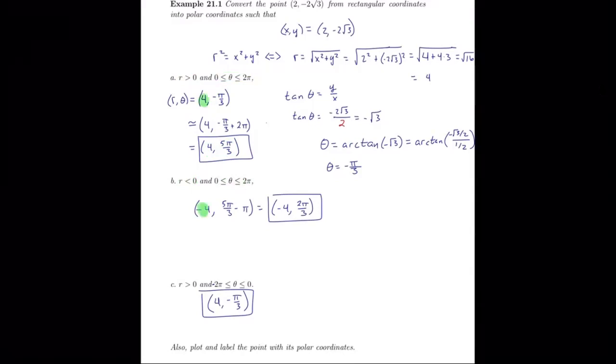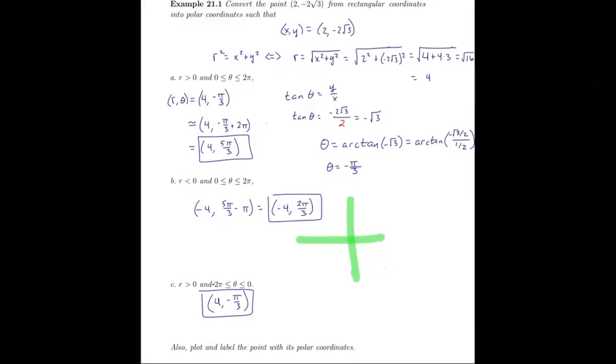But remember what that does in polar coordinates: it flips our point 180 degrees from where it was, or pi away from where it was. So if we were pointing down here, or let's say down here for this point, if we make the radius negative, now we're talking about a point over here, exactly opposite on the other side of the pole from the initial point.